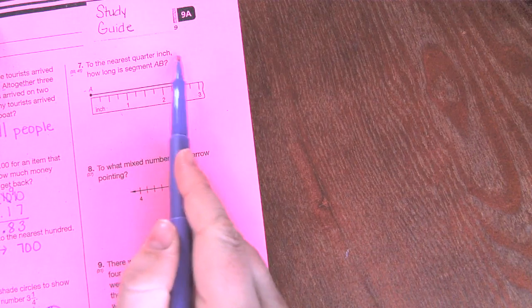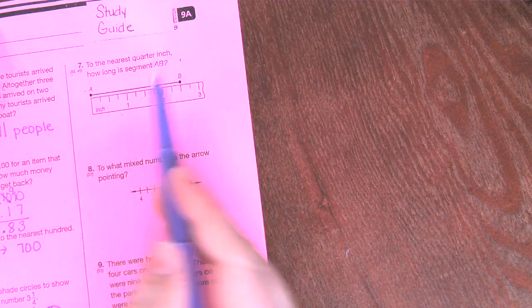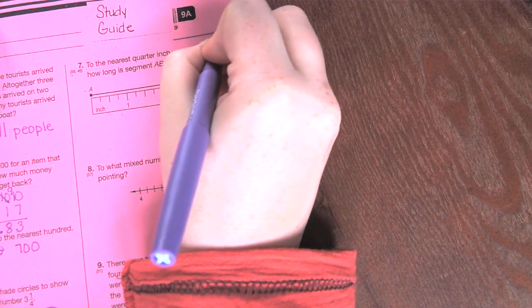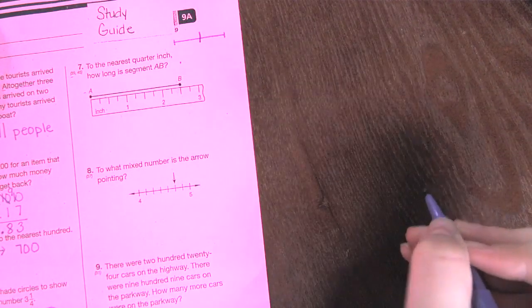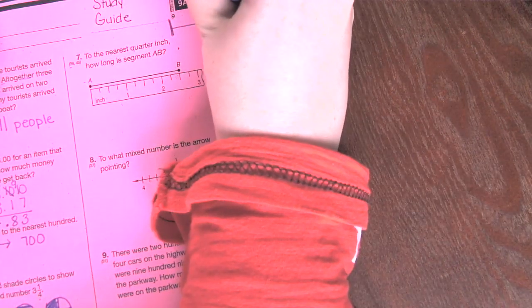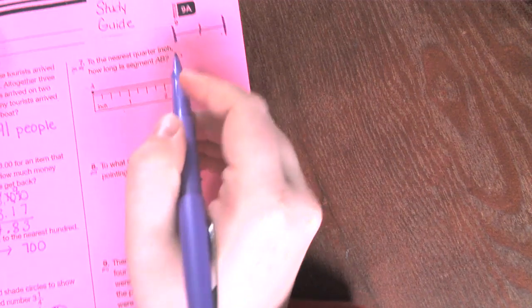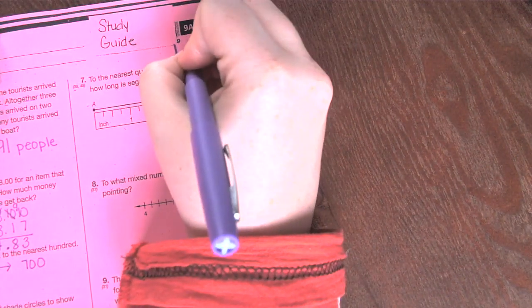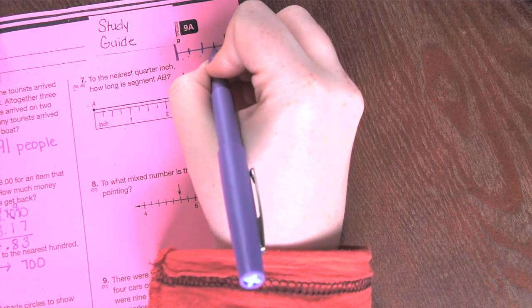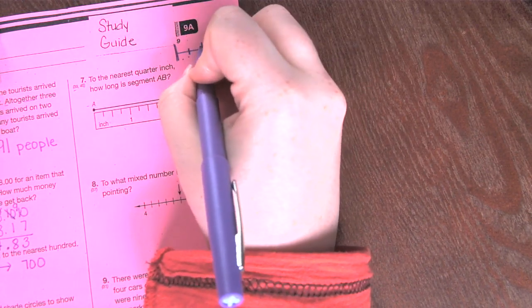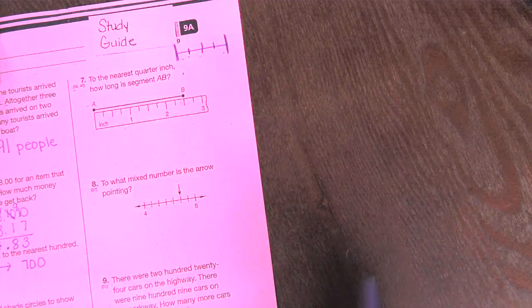To the nearest quarter inch, how long is segment AB? And remember, whenever we're talking about quarter inches, the biggest line in the middle that is not quite as large as the lines on the end is equal to a half, which means this is 1/4 and this is 3/4. 1/4, 1/2, 3/4.